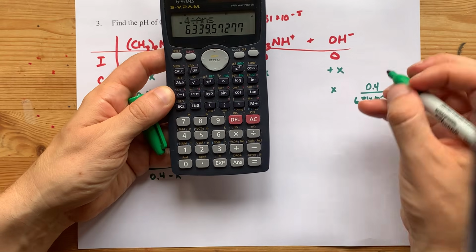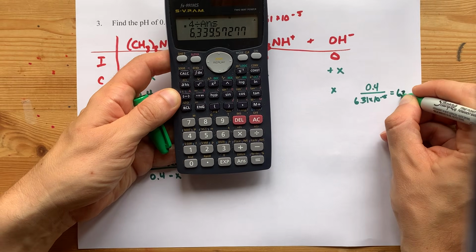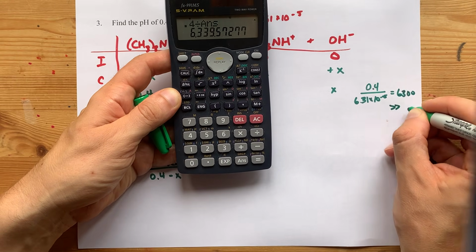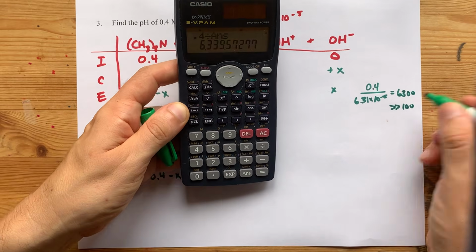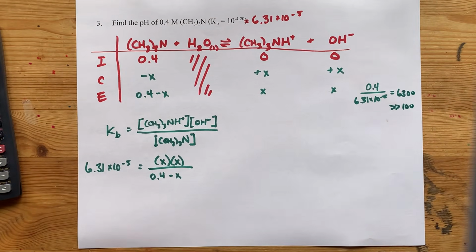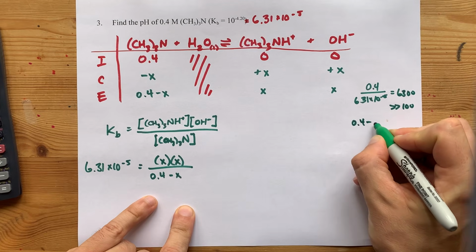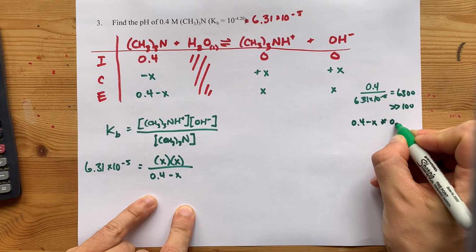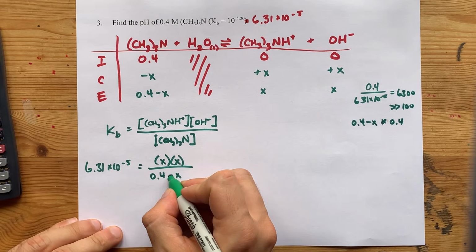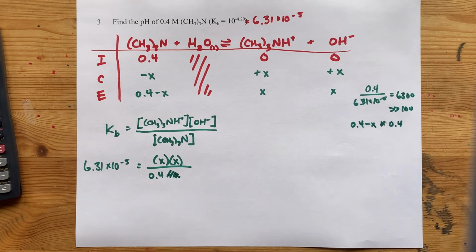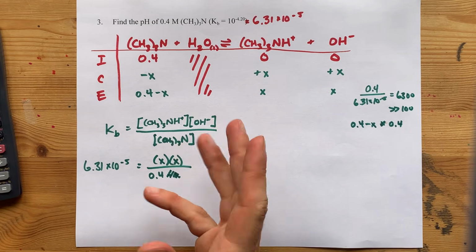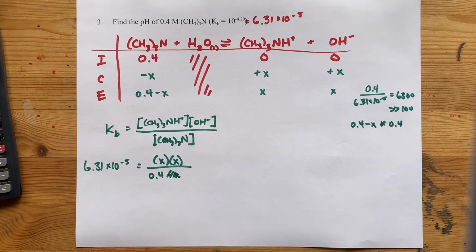Oh, yes, it is. It's about 6,300, way more than 100 or even 1,000. Therefore, 0.4 minus x is still about 0.4. That kind of crosses out. I mean, I'm crossing it out, but it's still an approximation.